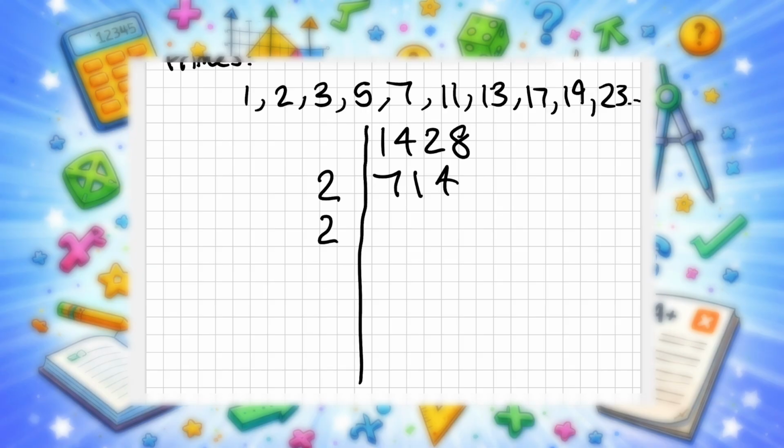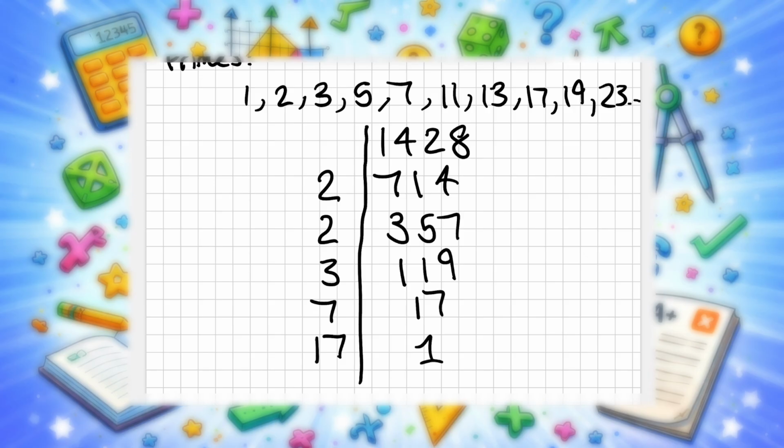It is even once again, so we can divide by 2 to give 357. Now 357 is divisible by 3, so we write 3 and the result 119. Now 119 is divisible by 7, so 7 and the result 17. Then, since 17 is a prime number, we can write 17 and 1.